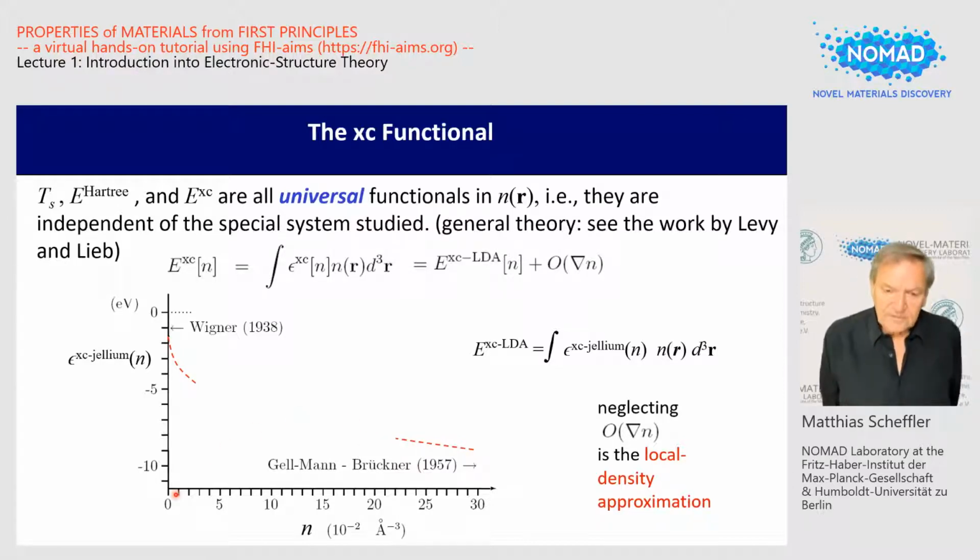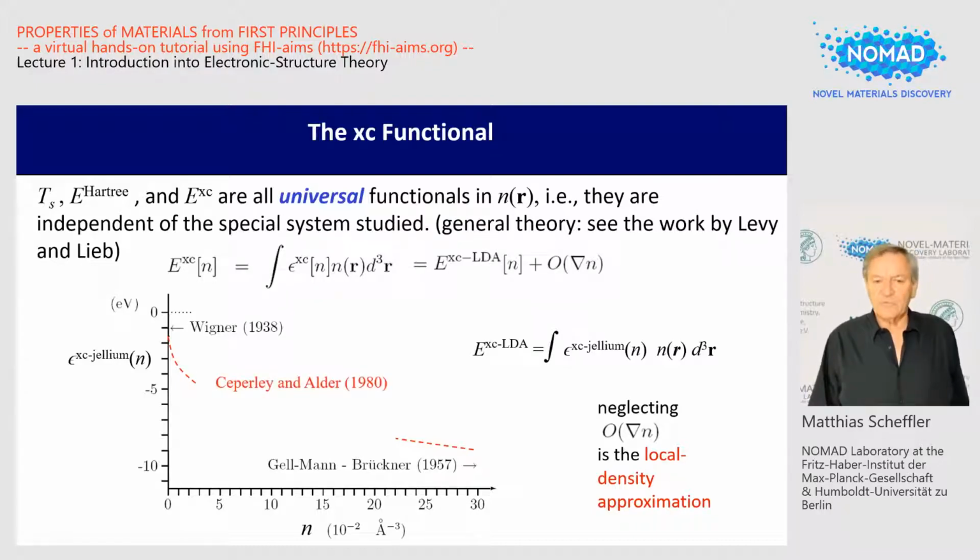But this is, in fact, what is called the local density approximation, namely replacing epsilon xc of n by this function epsilon xc jellium. As I said, the region which is important is here, and we didn't know actually what should be there.